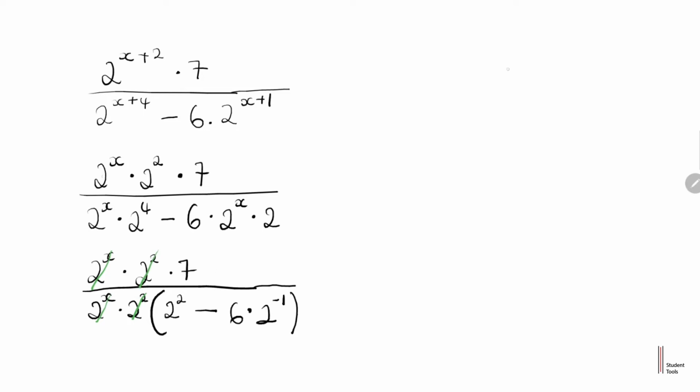such that we will have 7 over 2 to the power 2, that's a 4, minus 6 multiplied by 2 to the power minus 1, that's a half. So 6 multiplied by a half.